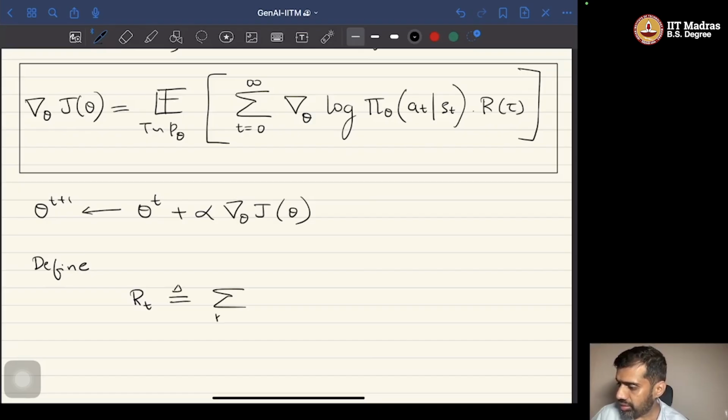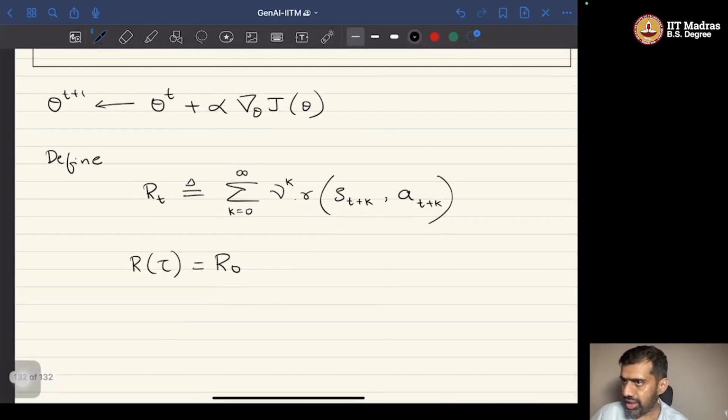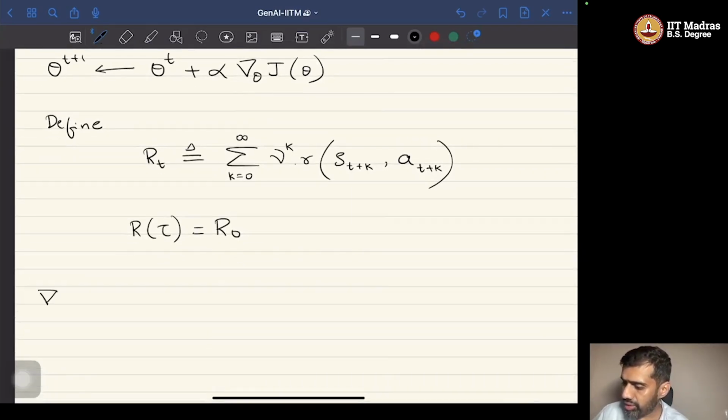We write this as the sum over k of the reward computed at state s_{t+k} and action a_{t+k}. With this, R of tau is just equal to R_0, and we can rewrite the gradient of the objective function using this R_t.